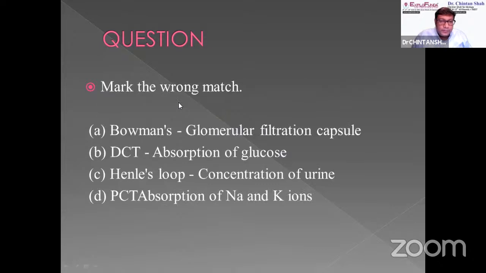Okay. And what is the wrong match? Loop of Henle, PCT, proximal convoluted tubule, absorption of sodium, potassium ions, and this is 42.